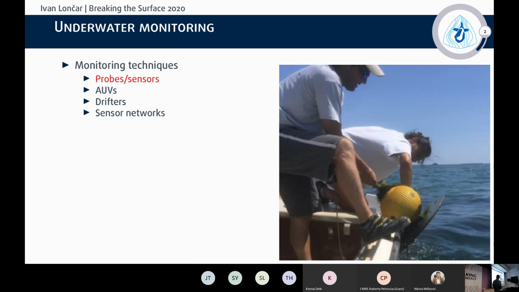You can use basic probes and sensors which are manually deployed. They are simple, but you need to extract them to get your data, and it is tedious to have manual repositioning of the robots, and someone could even steal them if you leave them somewhere in the open.